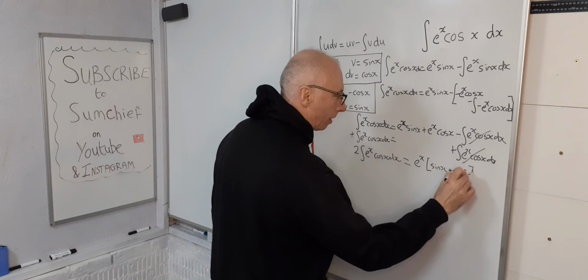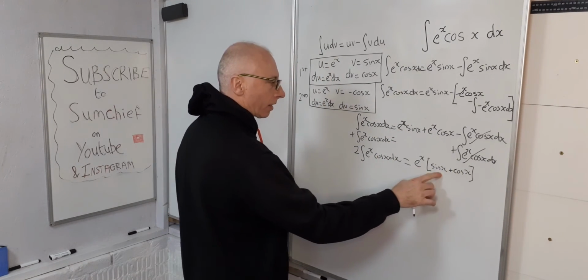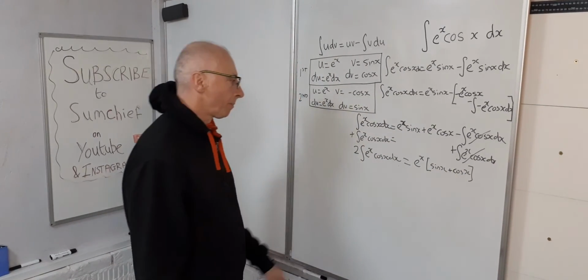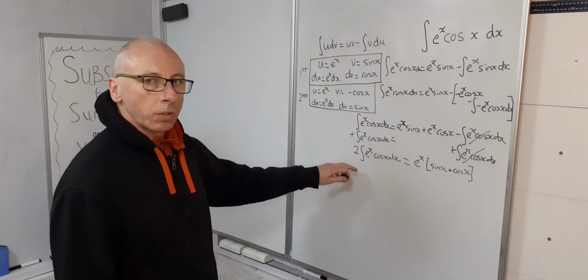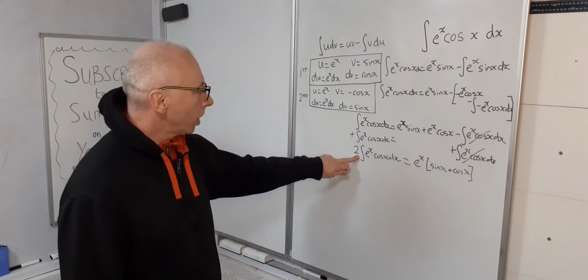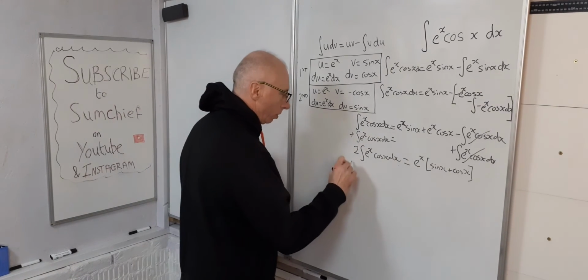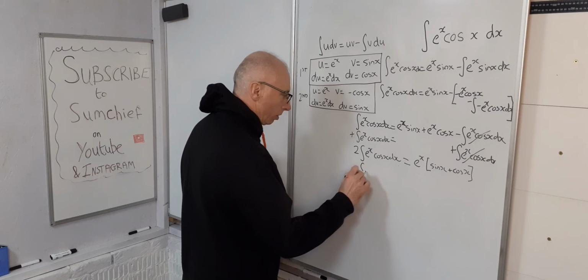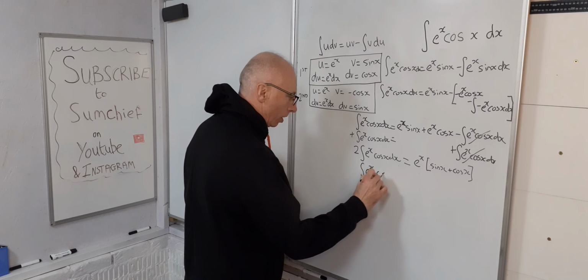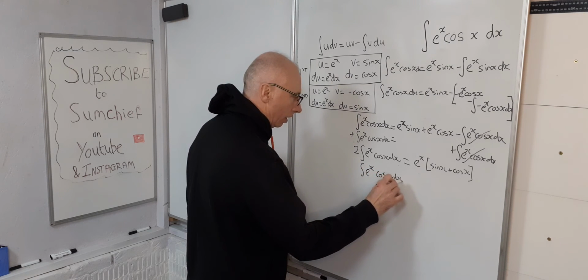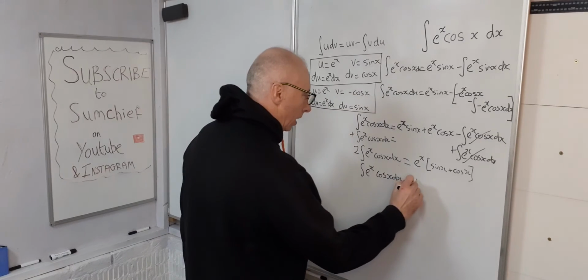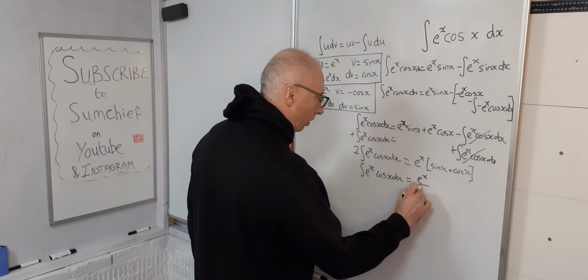So if you FOIL that out, you end up back to there, e to the x sine x, e to the x cosine x. Okay, so we're still not quite there yet. So we've got 2 times the integral here equals this. So if we just divide each side by 2, we end up with the integral e to the x cosine of x dx equals e to the x over 2.